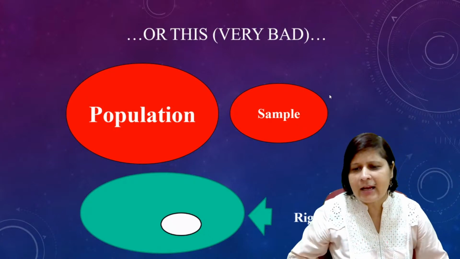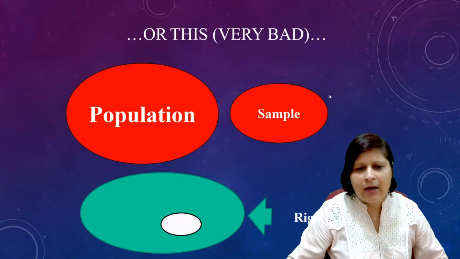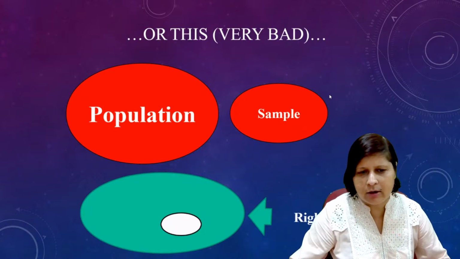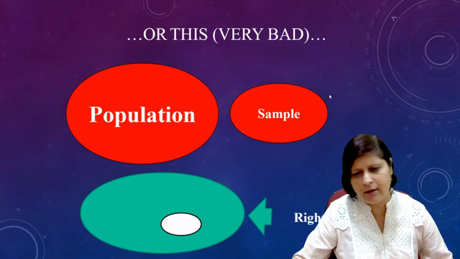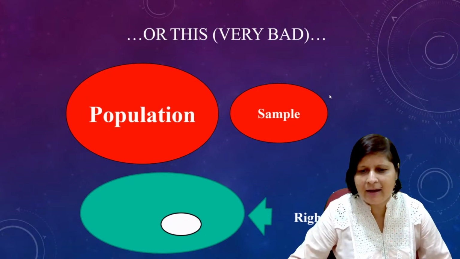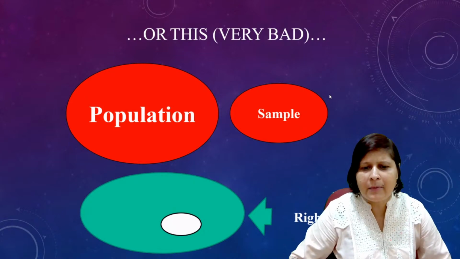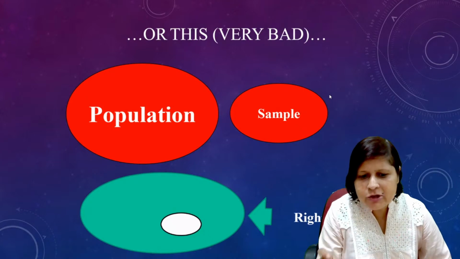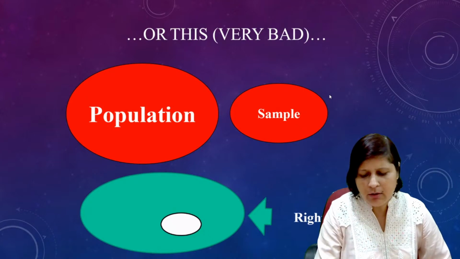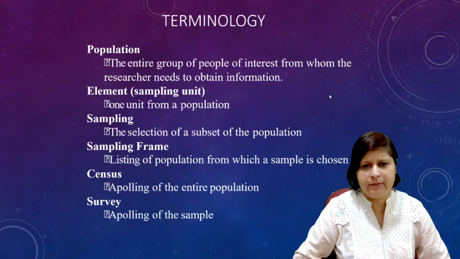You cannot take a sample from somewhere else. If someone is residing in Bombay and you are taking him as a sample, then that is not correct. Sample should be a subset of the population.